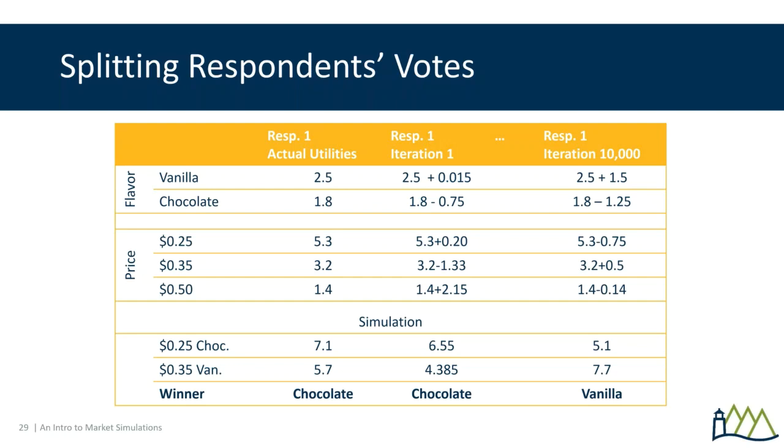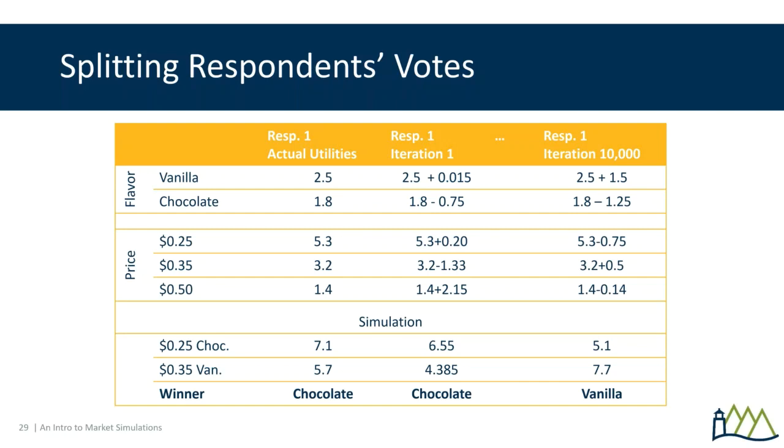And we're going to do this over multiple iterations. Like in this first iteration, I'm taking the utility and adding a certain amount of error, and then I'm going to sum up the utilities for the two products. In this first iteration, number 1, you can still see that chocolate dominates the vanilla cone, and so the first choice is going to be chocolate.